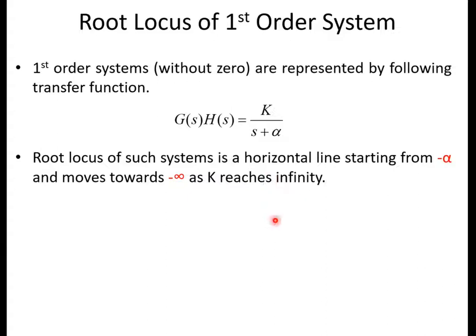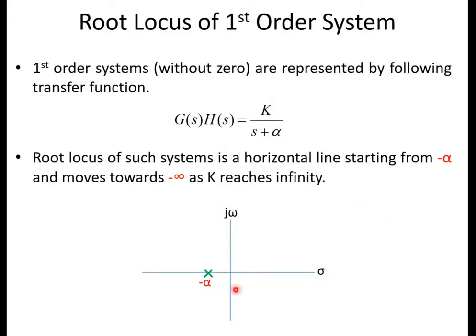So the root locus of such systems, whatever may be the value of alpha, starts from minus alpha, and alpha can vary from 0 to any number. The root locus of such systems is a horizontal line starting from minus alpha and moving towards minus infinity as K reaches infinity.